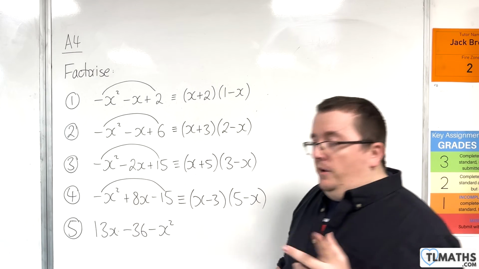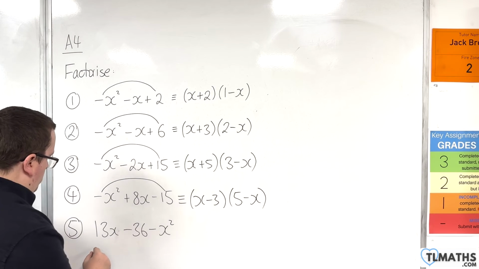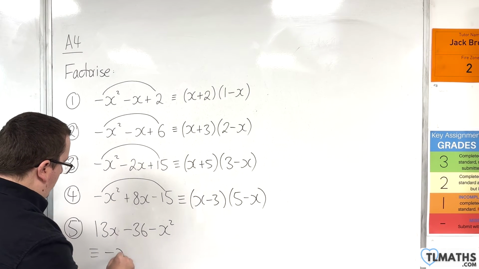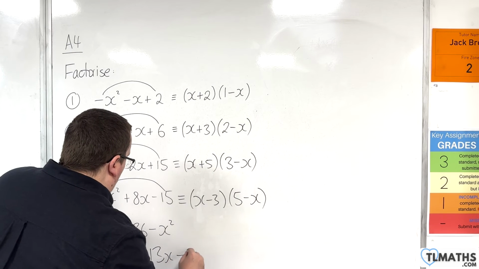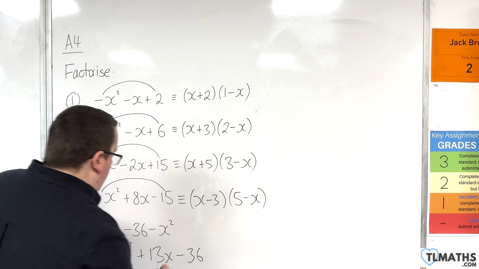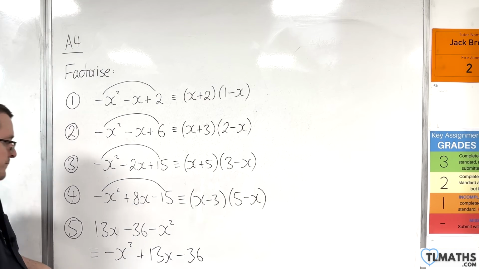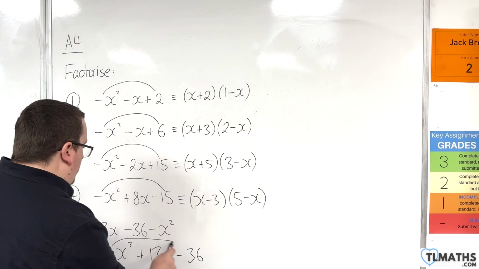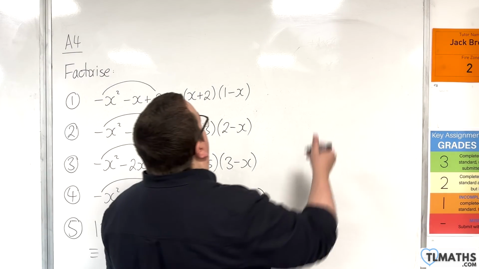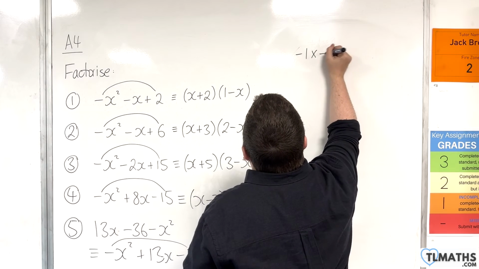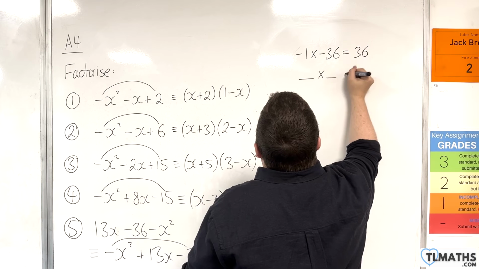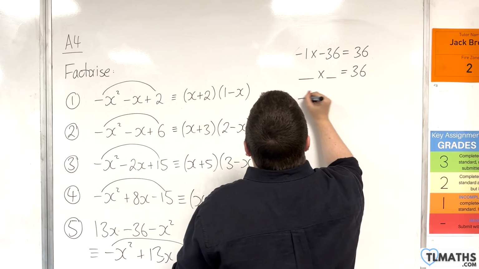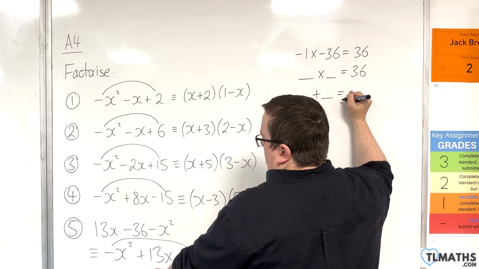So you are perfectly at liberty to first of all rewrite this as minus x squared plus 13x take away 36. Okay, there is nothing wrong with doing that. So we're going to first of all multiply the minus 1 by the minus 36.